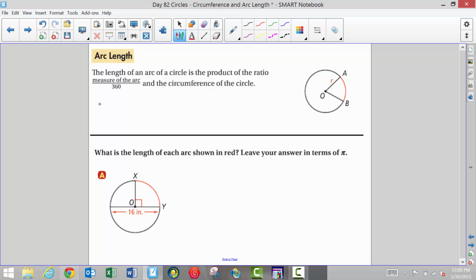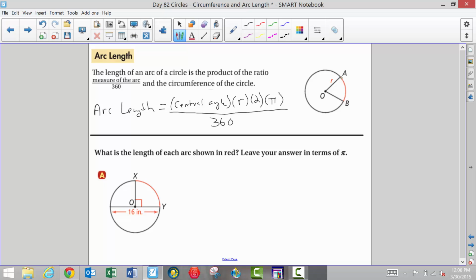So I know that arc length is going to be equal to the central angle times the radius times 2 times pi all over 360.